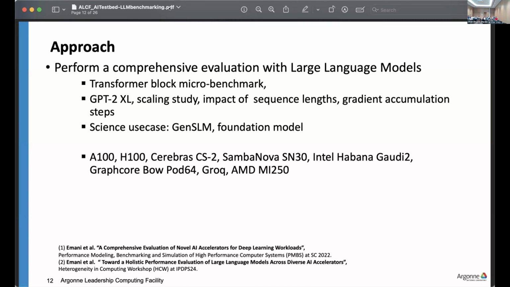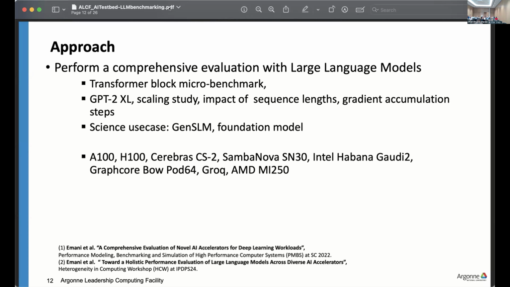GPT-2 XL model. And in that, we did some scaling study, figured out the impact of sequence length and gradient accumulation steps. We also ran this science use case, GenSLM, which is a foundation model, ported it onto a couple of these systems and did some performance evaluation.